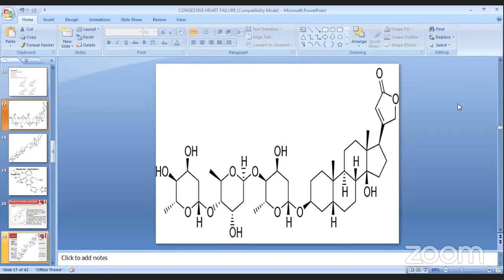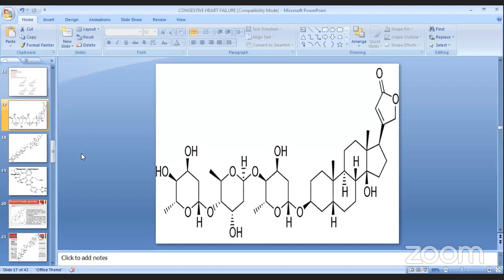There is one CH3 at the 13th position and one OH at the 14th position. With the 14th position OH, it is digitoxin. But when one OH group is present at the 12th position, that is digoxin. Digoxin and digitoxin are the same in nature, the only difference being the OH at the 12th position.